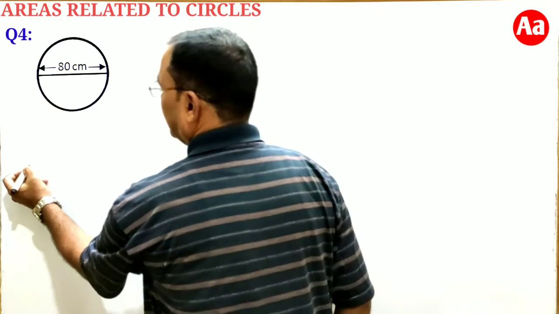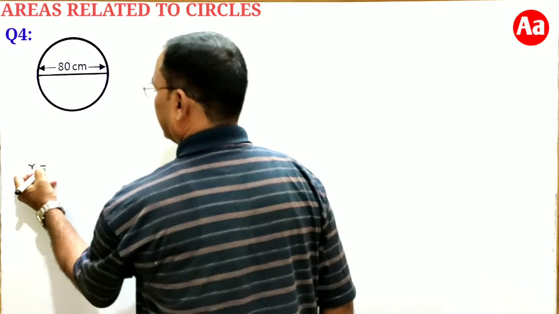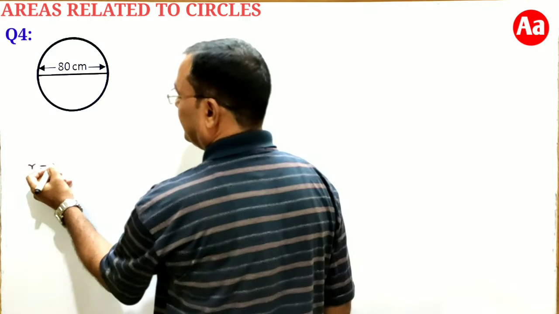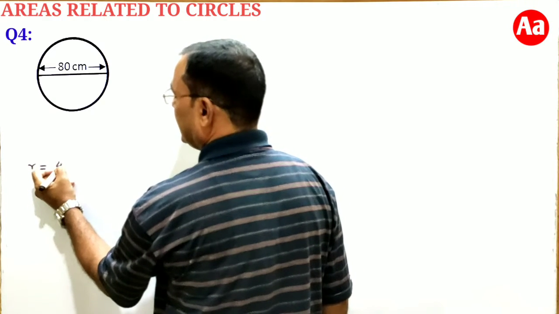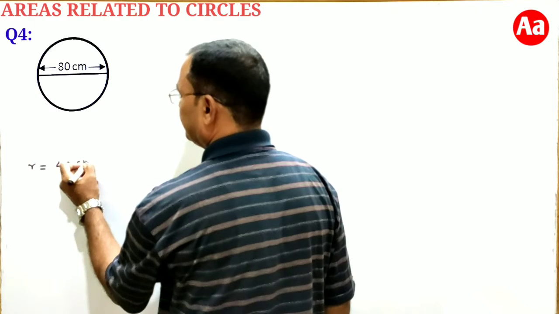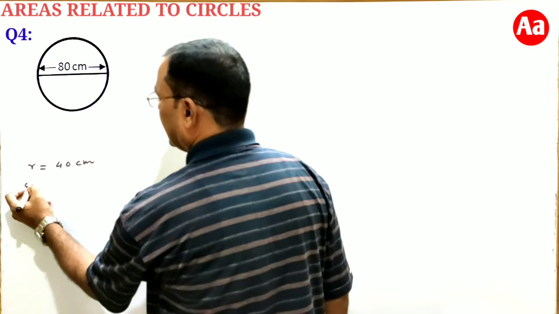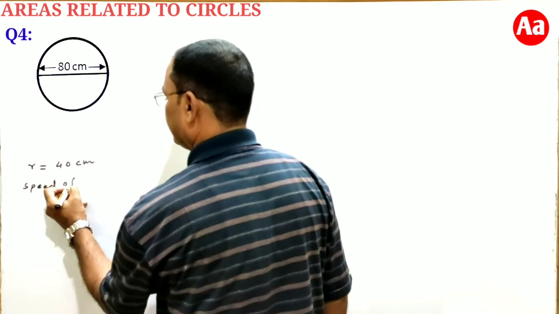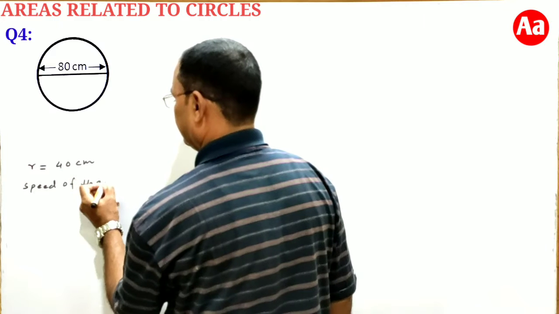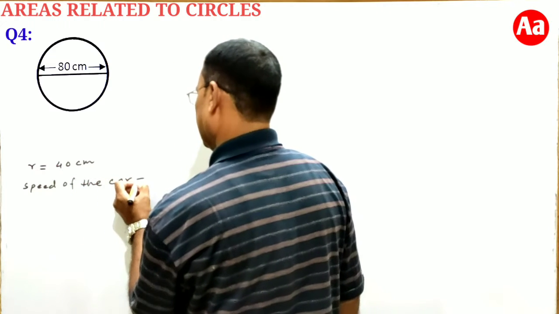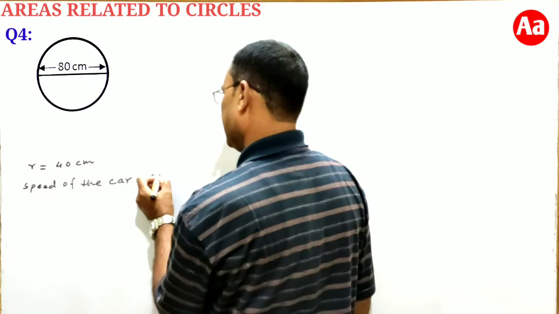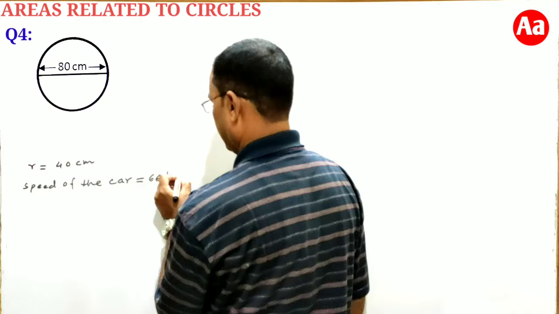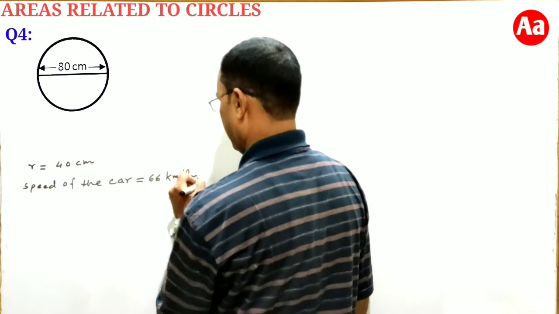So let R be the radius of wheels of the car, that is 40 centimeter, and speed of the car is given equal to 66 kilometer per hour.